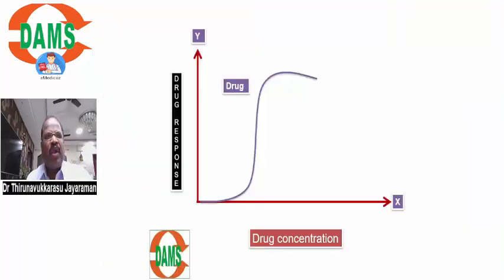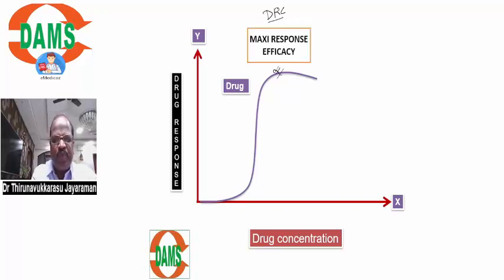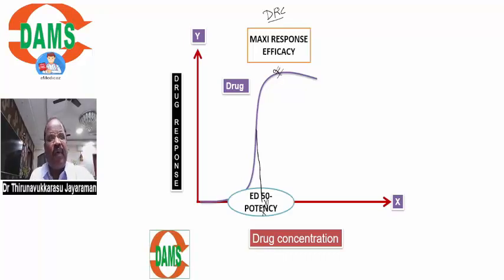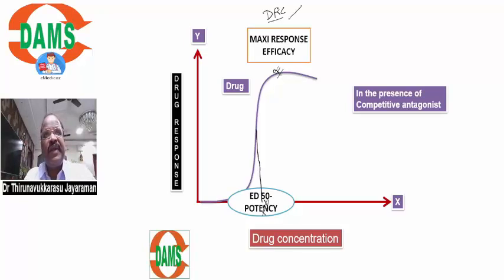Now, this is also important. Imagine it's a dose response curve, DRC. Here, this is called efficacy of the drug, and this portion, the dose at which 50% response, is called potency. But what is most important sometimes, what happens to the dose response curve in the presence of competitive antagonism? Like the question can be framed.